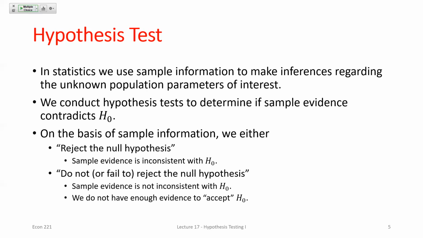So I have evidence that's inconsistent with the null, but not very much. If it doesn't go against what I've assumed by very much, if it's kind of close to what I assumed, I would fail to reject my null. For evidence that goes against the null a lot, then I reject the null.